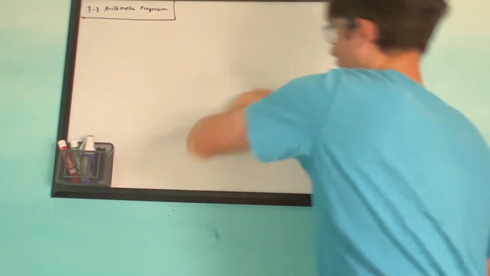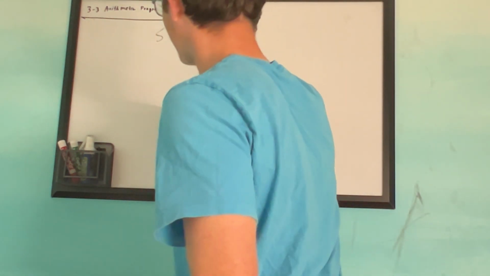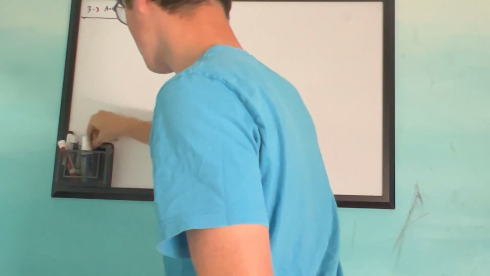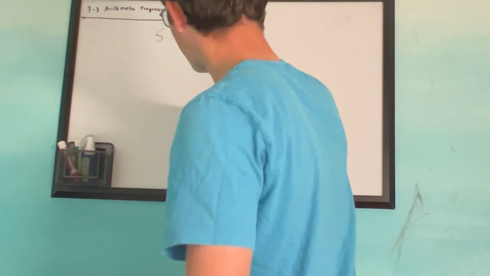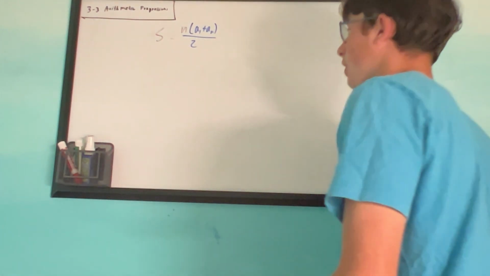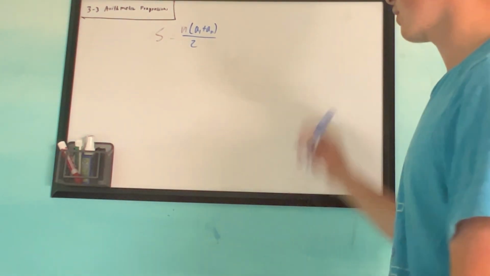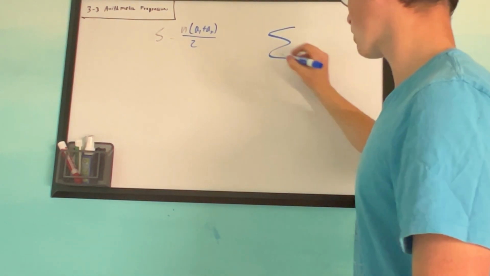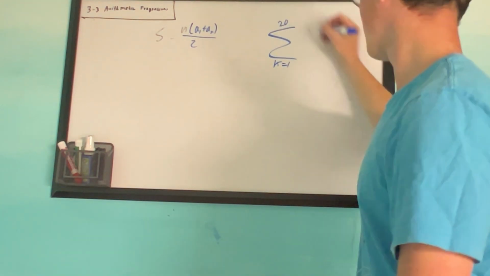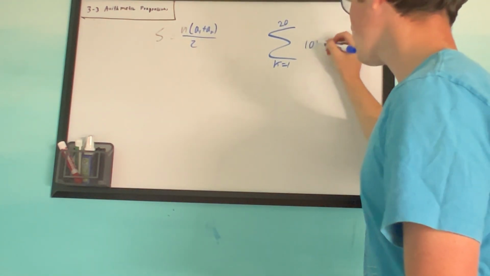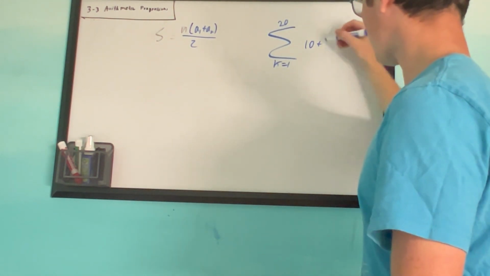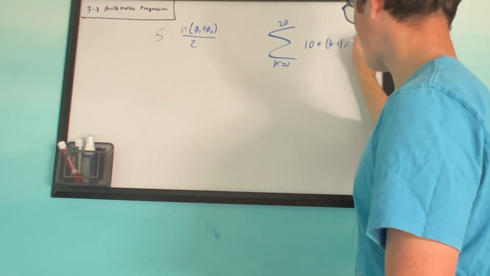So let's do an example using the formula that we just derived. All over 2. Let's say we want to find the result of this sum as k equals 1 up to 20 of 10 plus k minus 1 times 7.